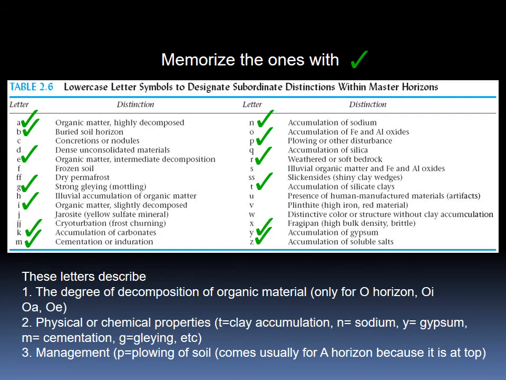We can describe this by giving it a P, the letter P, which describes the plowing. Now P, for most of the time, only comes with the horizons that happen at the surface. Why? Because by logic, plowing only happens at the topsoil. It doesn't happen at the deep soil. It cannot reach deep soil.